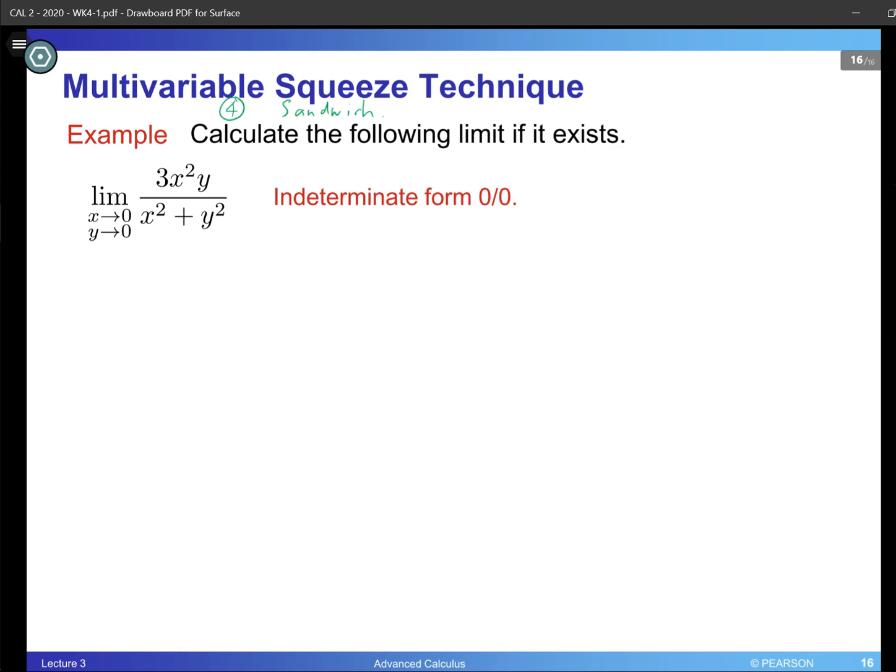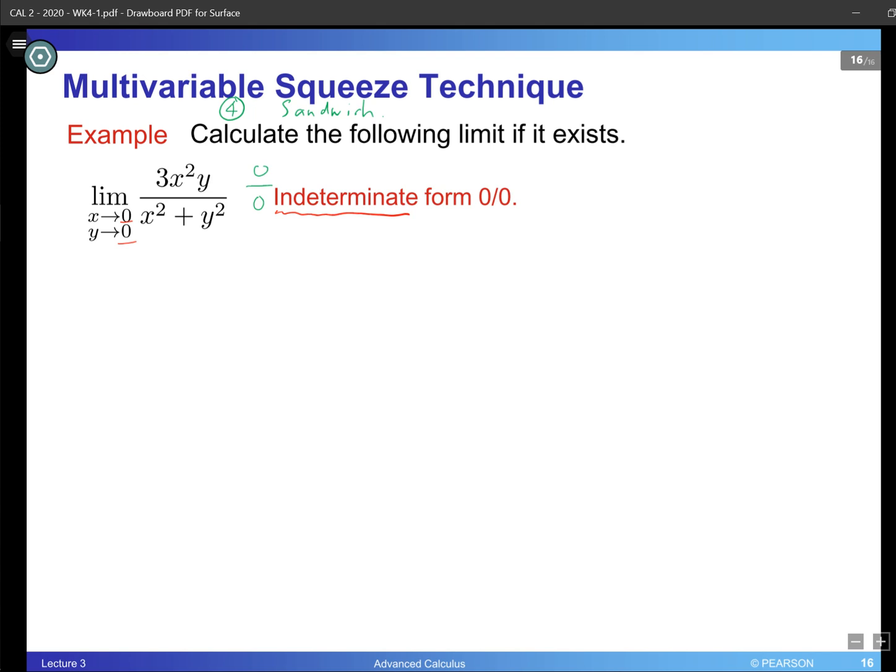Alright, so let's try to use this kind of technique on this example. Once again, we have a fraction of x and y, and x approaches 0 and y approaches 0. So let's try the substitution at the beginning. Here we have 0 at the top and 0 at the denominator, definitely indeterminate.